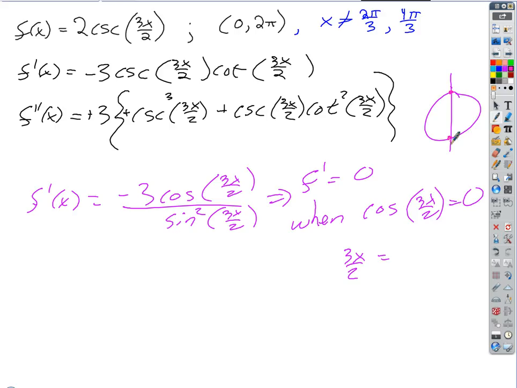Then it might get a little bit iffy, because there's going to be a whole bunch of places, because the argument's being accelerated, right? What if it was 1/2 x, or 1/4 x? Then there'd be more values of x that could make that work than just those two, right?